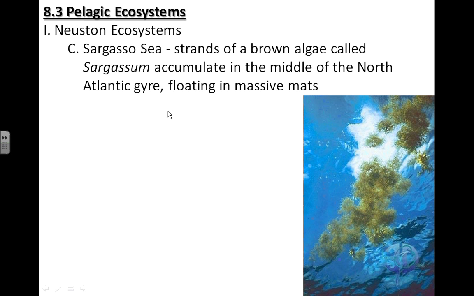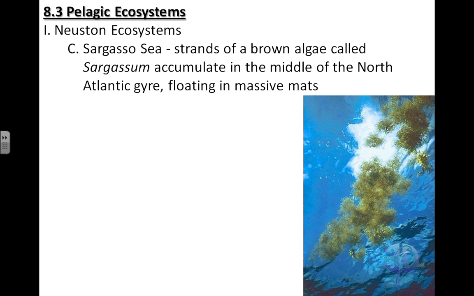Now, a gyre, if you recall, is a big circular network of currents in each ocean basin. So in the North Atlantic Gyre, remember we have the Gulf Stream and the Canary Current and the North Equatorial Current. Well, those are spinning around the outside of the ocean. The inside is kind of still, and all of this algae collects in there.